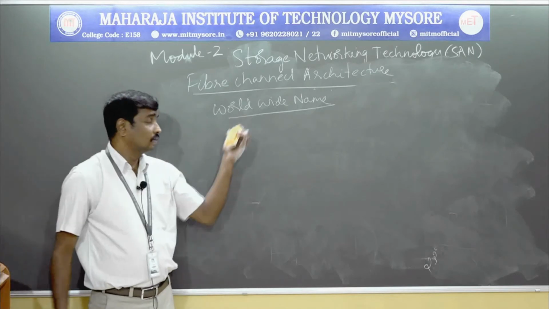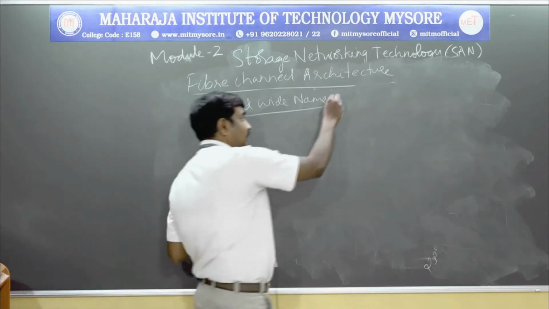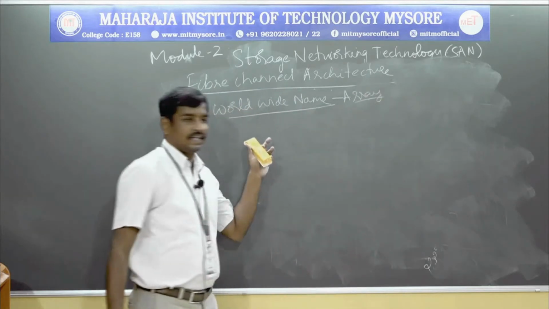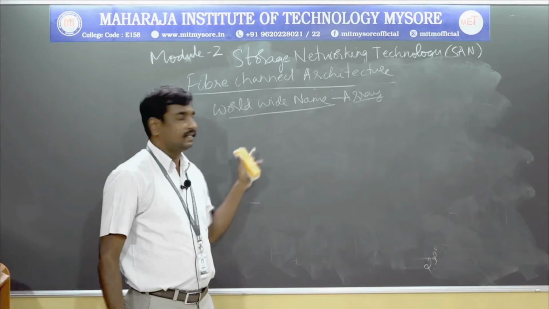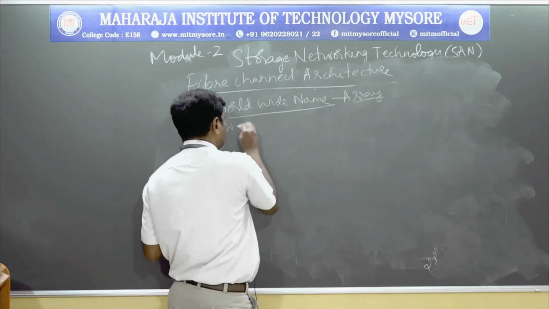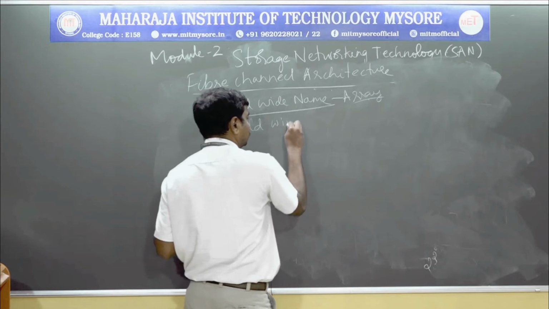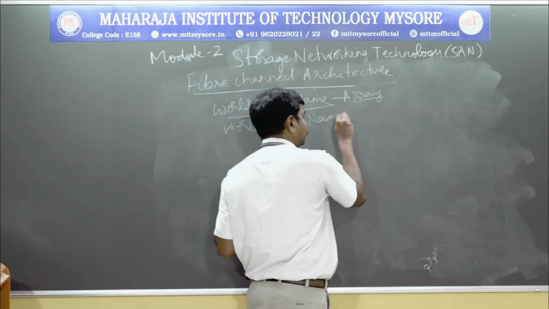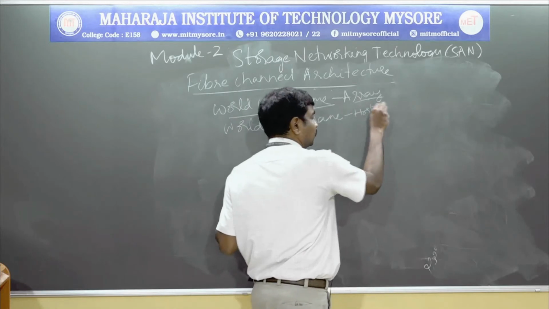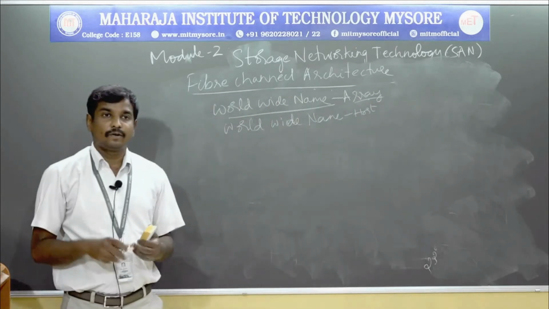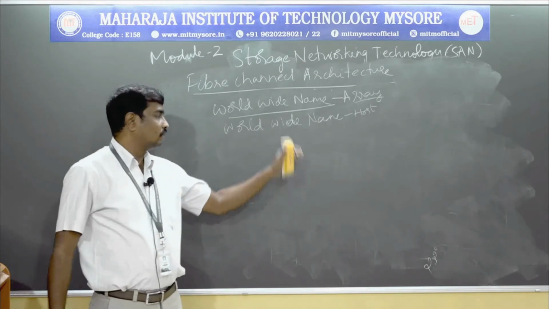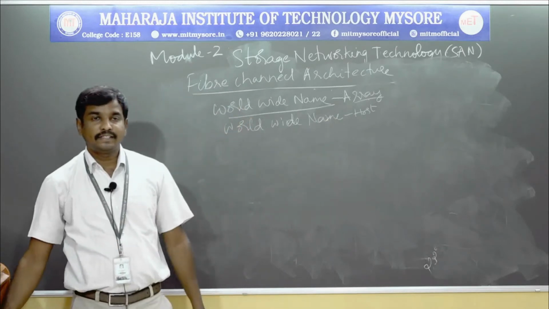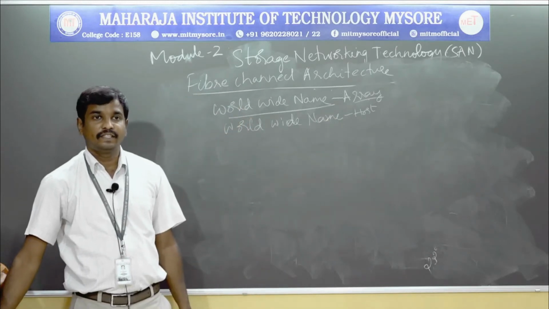If the storage array is connected with the domain name, the storage array and the host ID will be connected with one more name called the worldwide name. Like that we can connect two types of names.